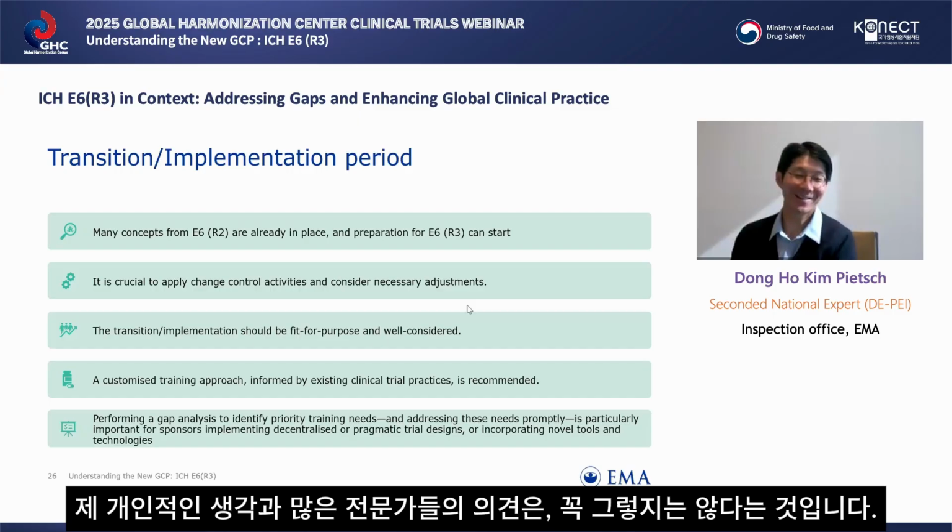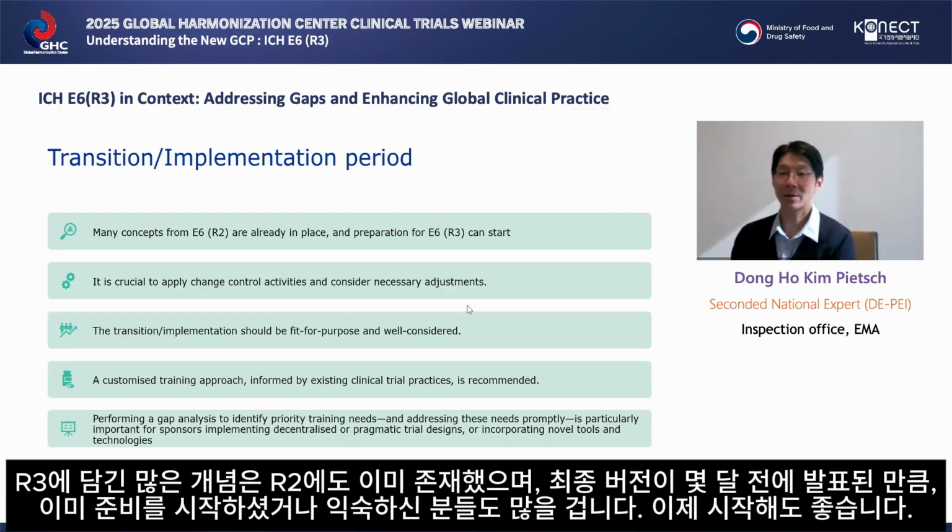My personal take is no, because when you look at this and listen to presentations from experts in the field, you'll recognize that many concepts have already been in place in R2, and as the final version was published several months ago, you can already start. Hopefully some or most of you have already started to prepare and familiarize yourself with R3.